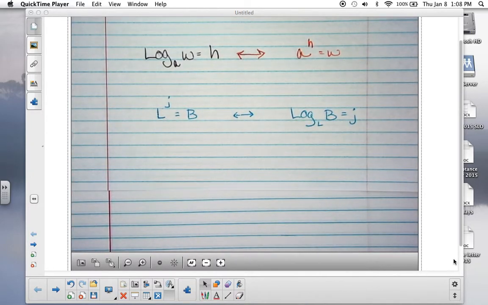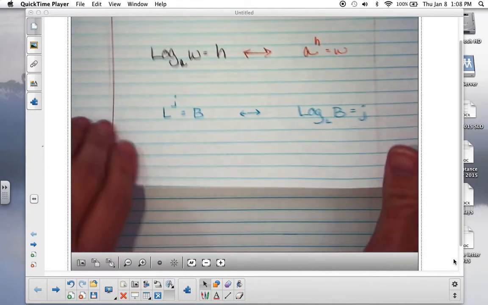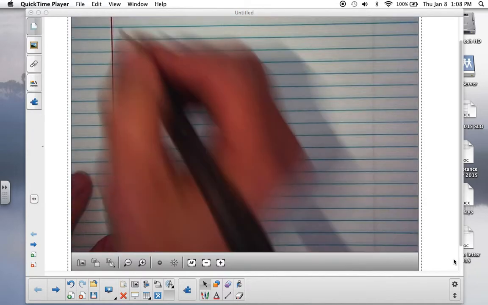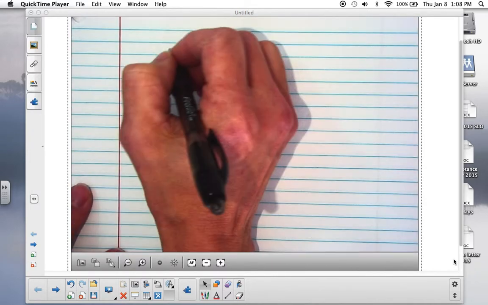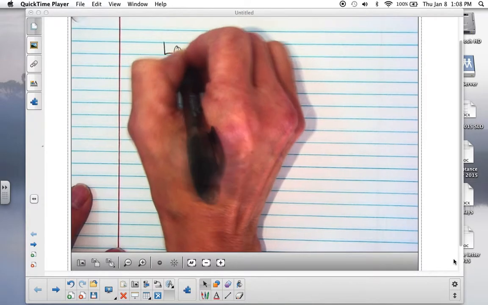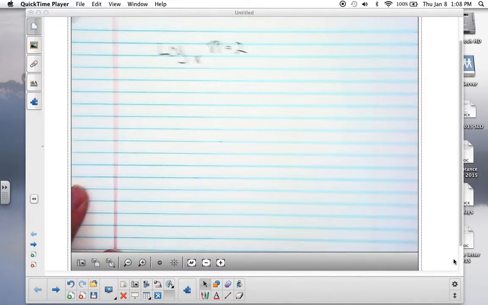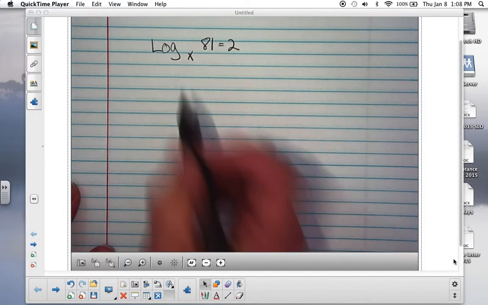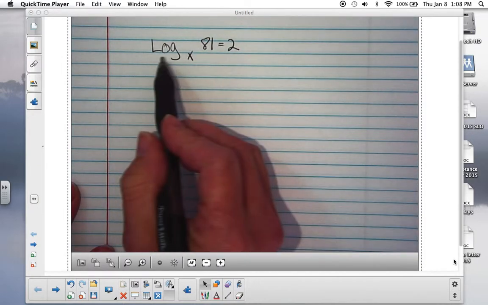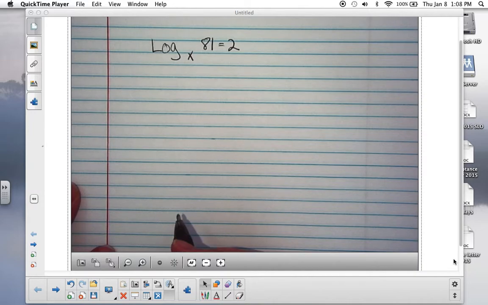And then we had this idea of log equations and what we can do to solve. We had the idea that when you've got a log on just one side of an equation, you're going to switch it from log to exponential. This feels unbalanced. Log is on one side, so let's switch it to exponential form.